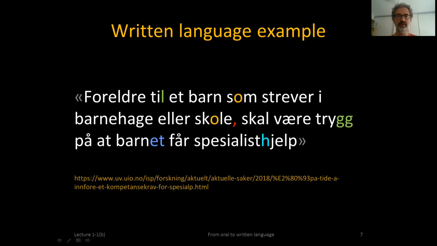So what are they representing? In the case of the letter L, we see that it simply represents the sound U. Indeed, most letters here represent speech sounds in a relatively straightforward way. So this is a very common function in an orthographic system like the Norwegian.